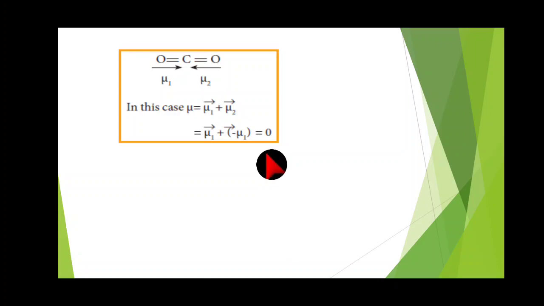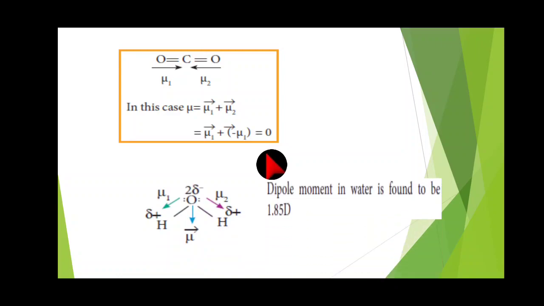In the case of water, the net dipole moment is the vector sum of mu1 plus mu2. We can see the dipole moment of water is found to be 1.85 D, which is about 6.17 × 10^-30 coulomb meter, right?